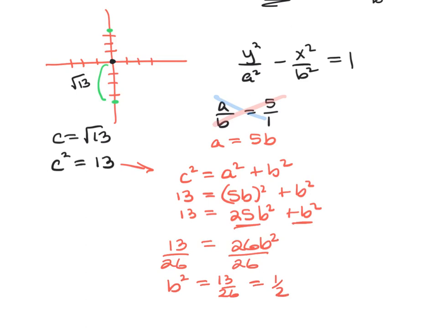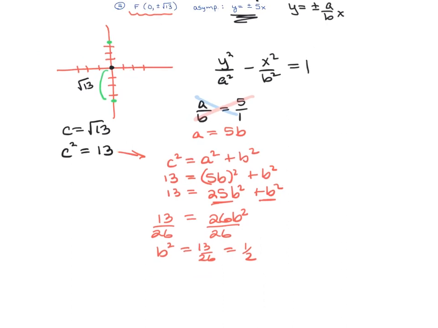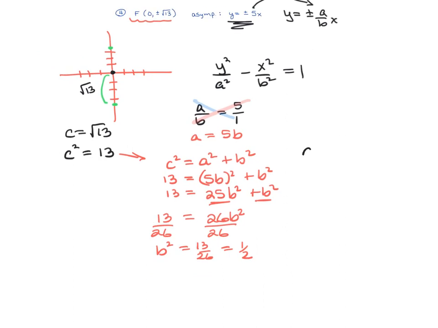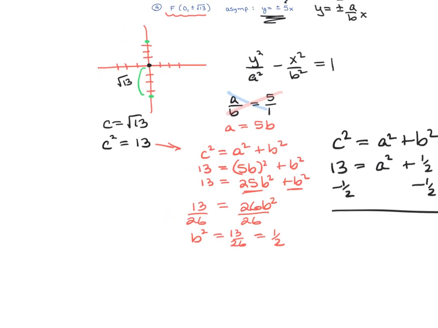Now that I have b squared and c squared, I'm going to do this formula one more time to get a squared. So again, c squared is 13. I don't know a squared, and I know b squared is 1/2. I'm going to go ahead and move the 1/2 to the other side. Now I'm going to make this have a common denominator, so I'm going to change the 13 into 26 over 2.